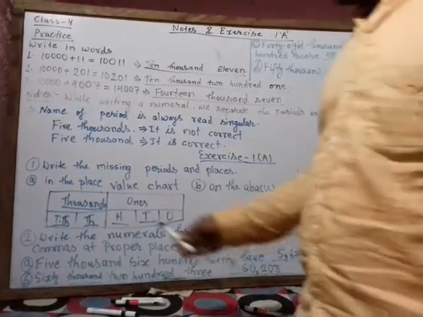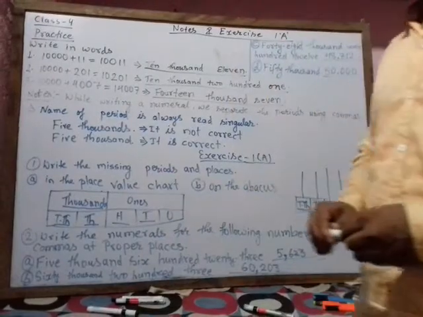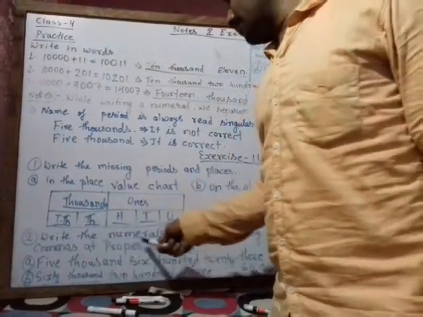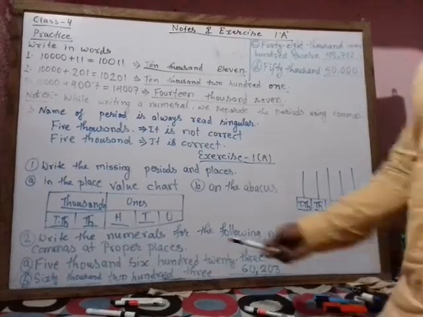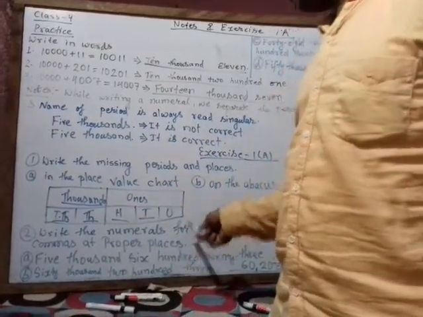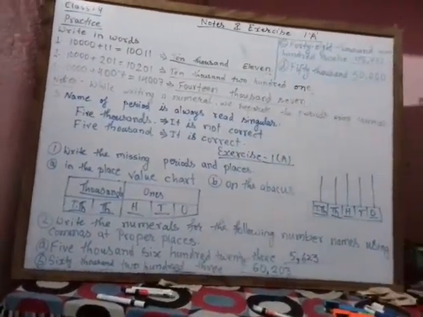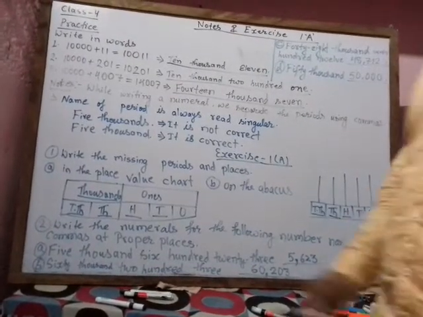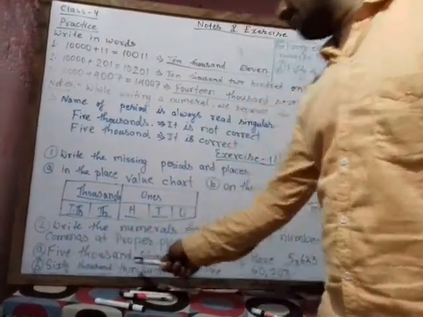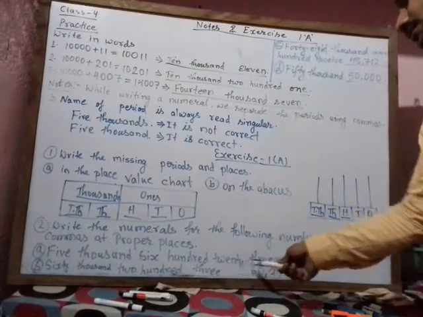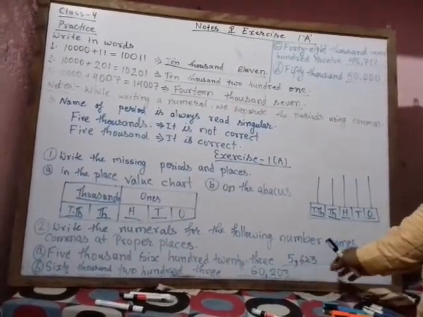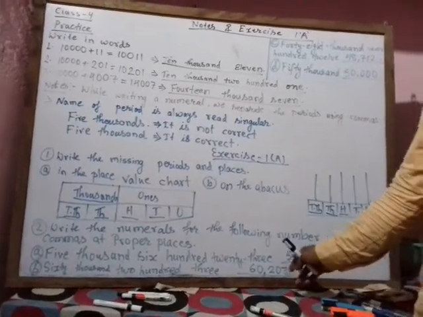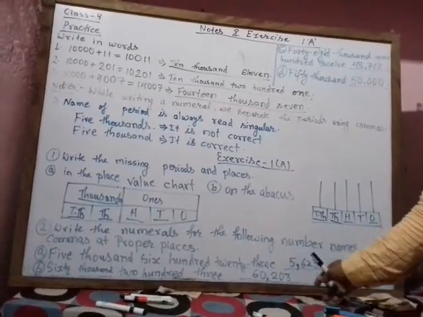Now the second question is: write the numerals for the following number names using commas at proper places. Here we will be using commas at proper places. The first question is 5,623. So I have written ones, tens, 100, 1,000. We can count and then write 5, 6, 2, 3.